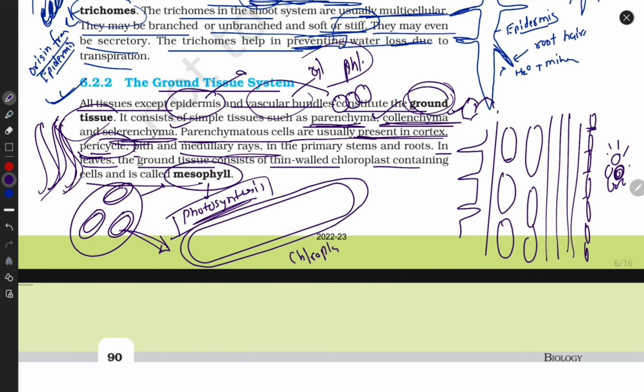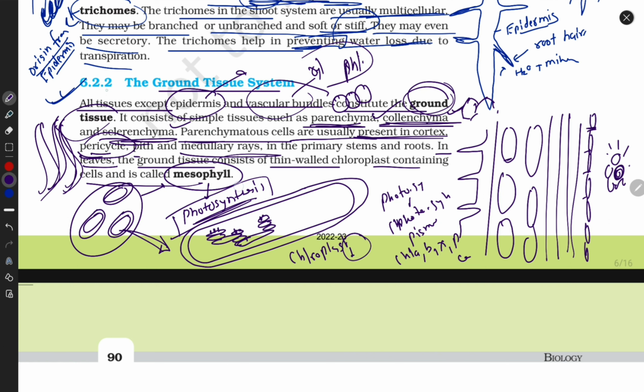It has thylakoids, and thylakoids have photosystems. Photosystems contain photosynthetic pigments like chlorophyll A, chlorophyll B, xanthophyll, phycobilin, and carotenoids, which are useful in photosynthesis, food formation.